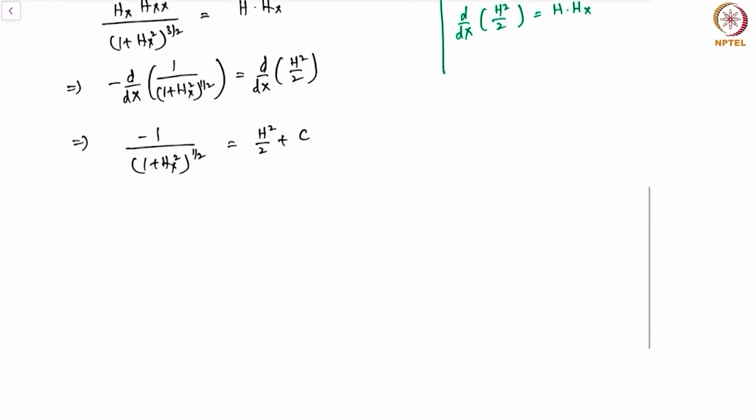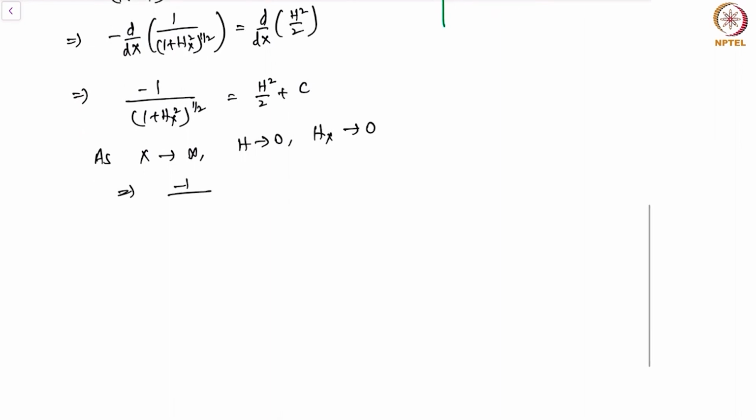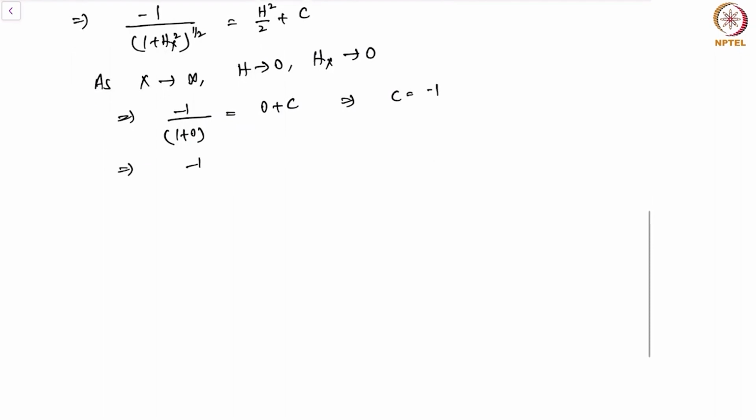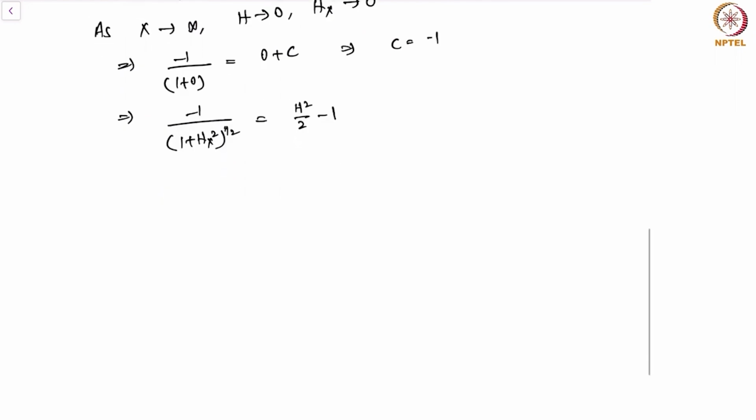And as a result, you should expect the boundary conditions in the far field, as x goes to infinity, we have both h going to 0, hx also going to 0, and therefore if we substitute this, you have minus 1 by 1 plus 0 is equal to, and this gives me c equals minus 1, and therefore what I have is minus 1 by (1 plus hx square) whole power half is h square by 2 minus 1, or I'll rearrange it to simply write 1 by (1 plus hx square) whole power half plus h square over 2 is equal to 1.